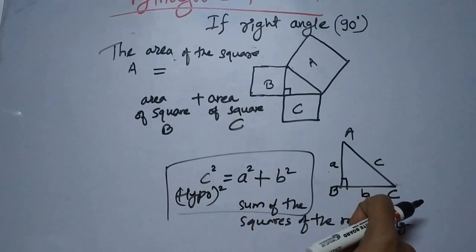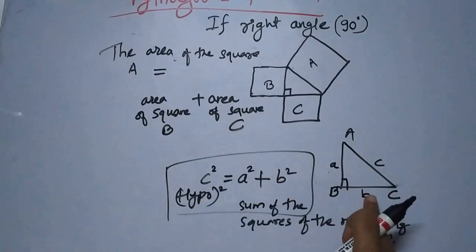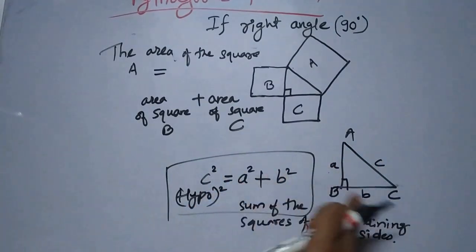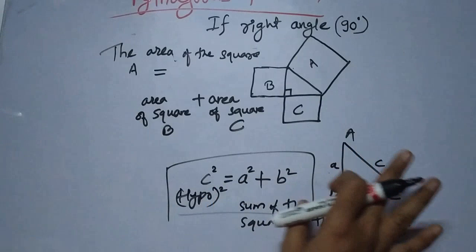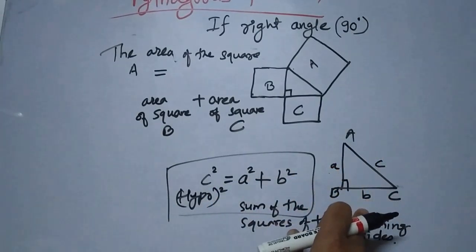So in this triangle ABC, this is C square, this side is A square, this side is B square. So this hypotenuse square is going to equal this square plus this square.